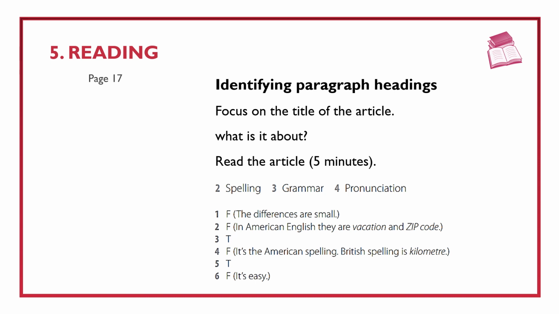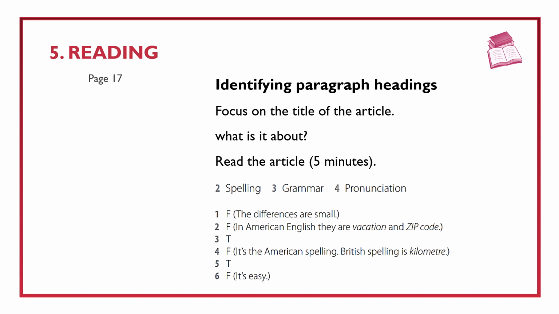Number 3, purse has a different meaning in American and British English. Yes, that's true. Number 4, kilometer is the British spelling, but that's false because it's the American spelling. British spelling is kilometre.